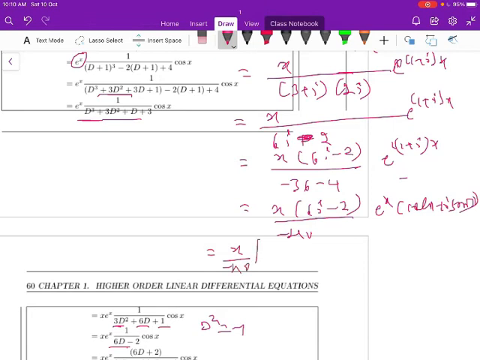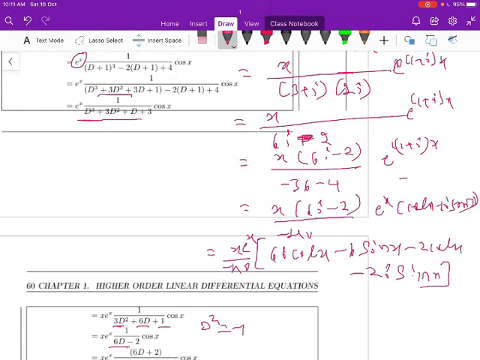So this is equal to x by minus 40, and e power x, take it common here: 6i cos x, 6i into i, that is minus 6 sin x, minus 2 cos x, minus 2i sin x.